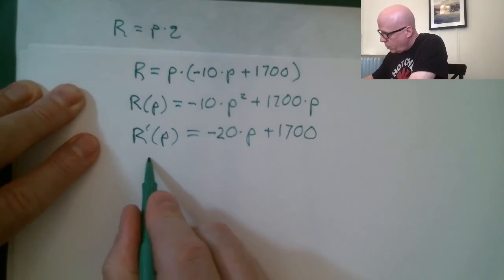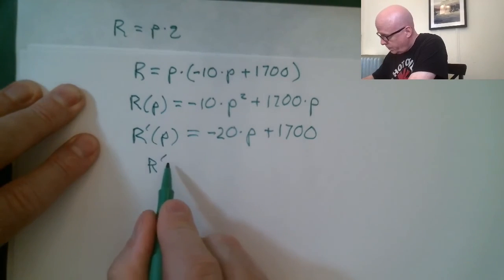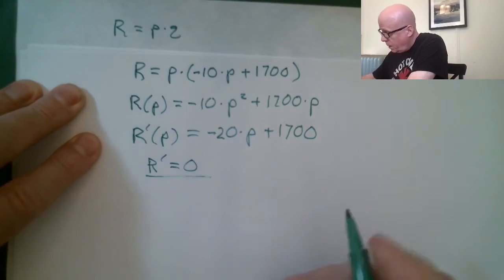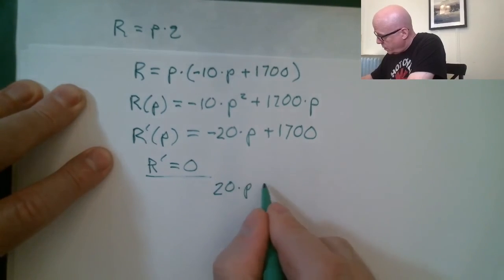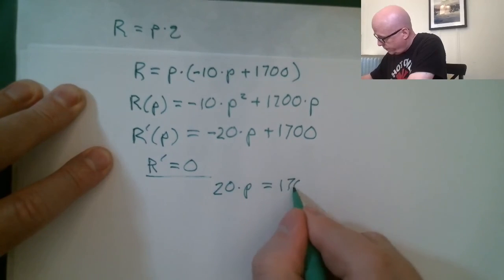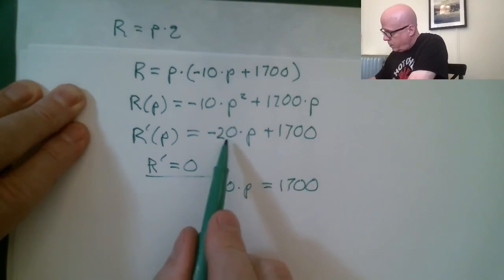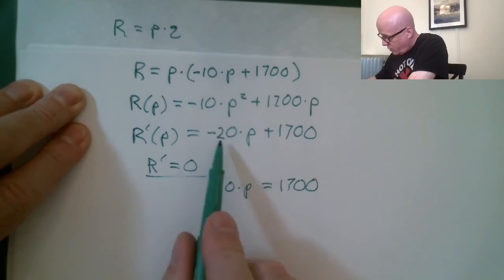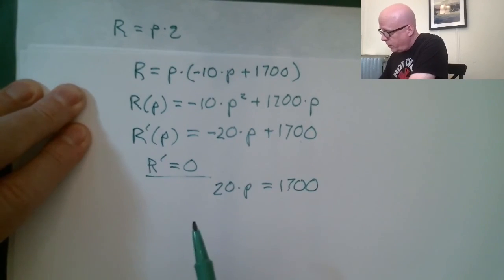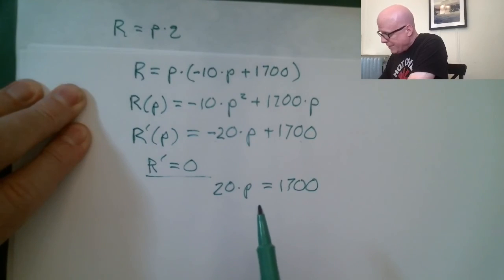So when is r prime equal to 0? Well, it's when 20 times p is equal to 1700. Just recognizing that's the term that's being subtracted, and so when the difference is 0, that means the two parts are equal.